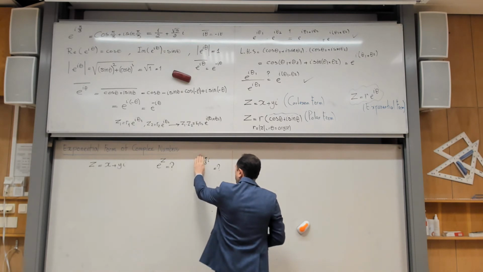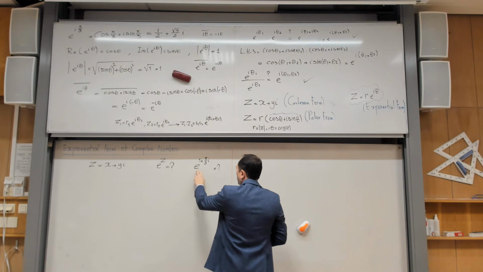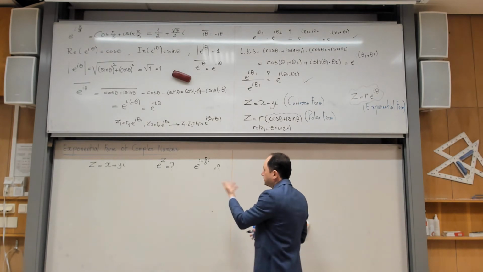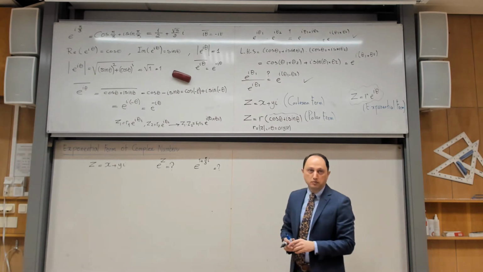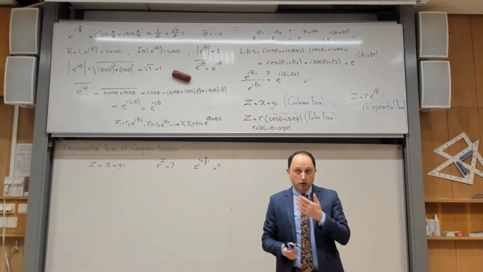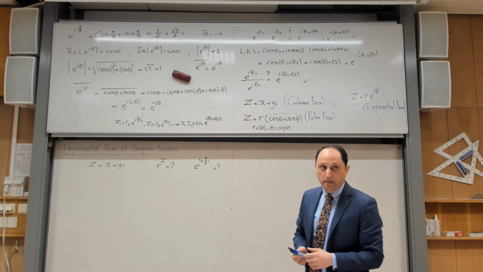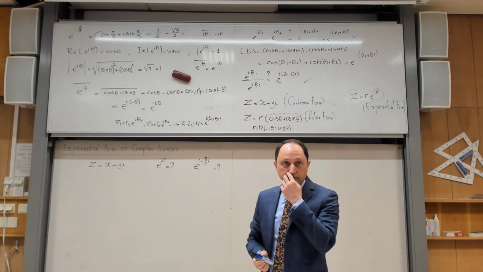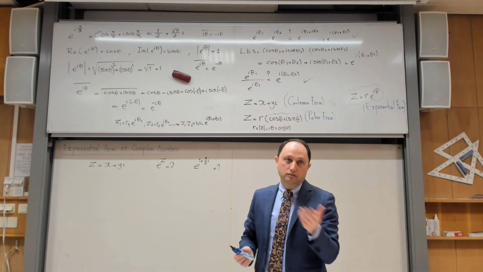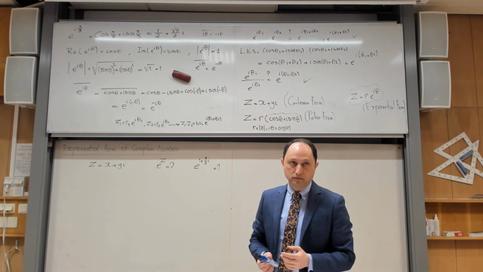If the 1 was not there, you know how to answer this question using Euler's formula, yes? But now what happens if I have an extra number, a real number, the real part is not 0 this time? What do you expect? Yes? That you can follow the e, so it's e to the pi over 3 i times e.